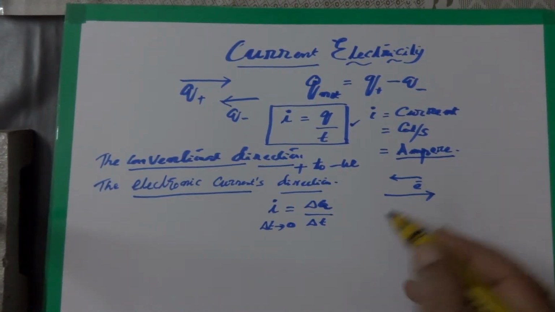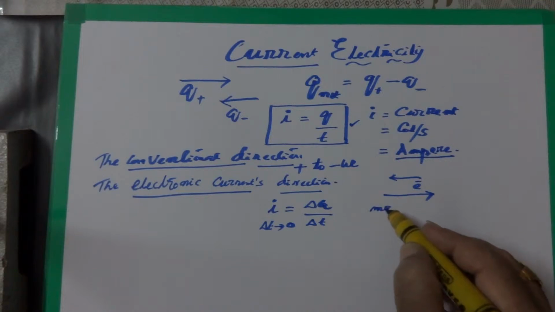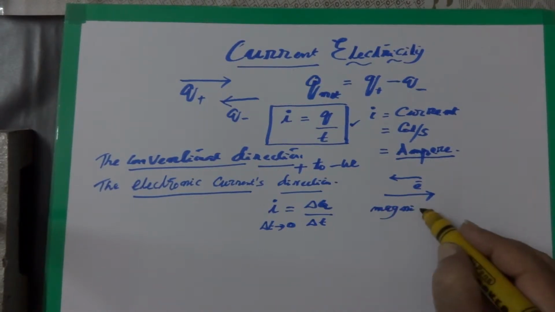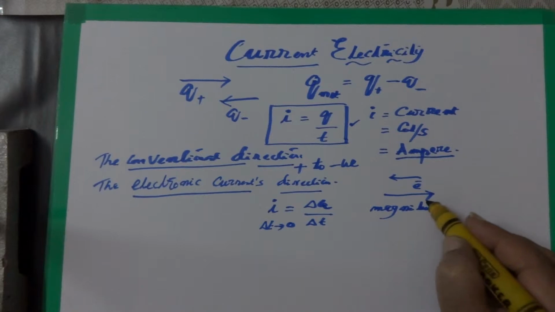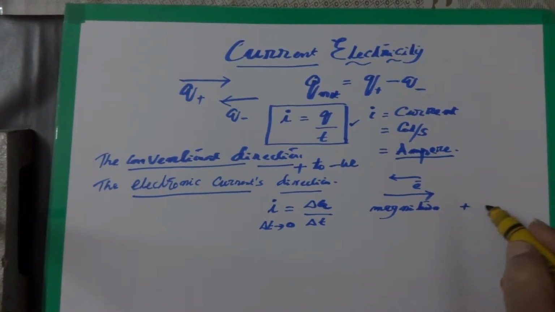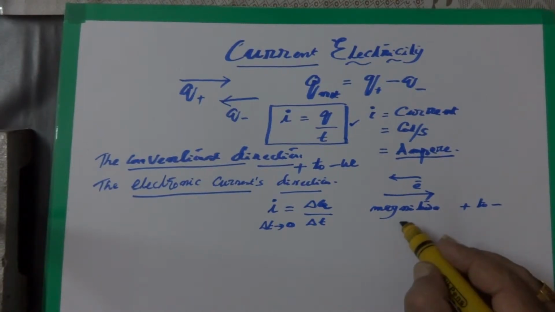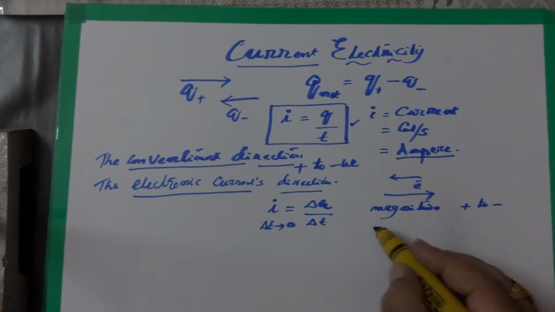So that means it has magnitude, and it has got a specific direction from positive to negative, but still it is not considered as a vector. Why?